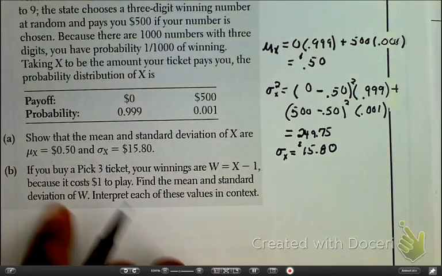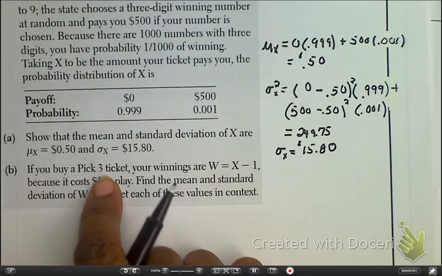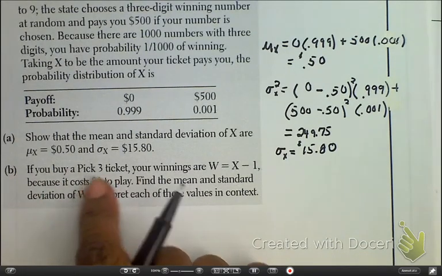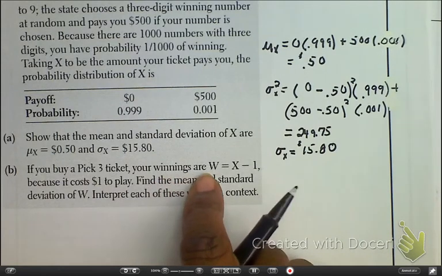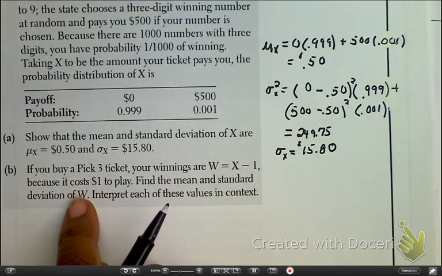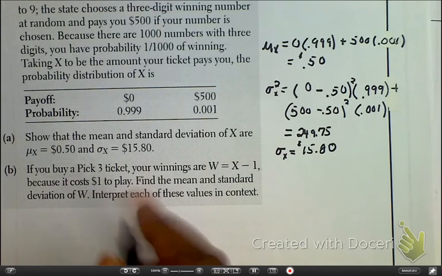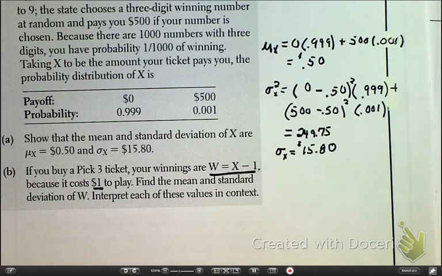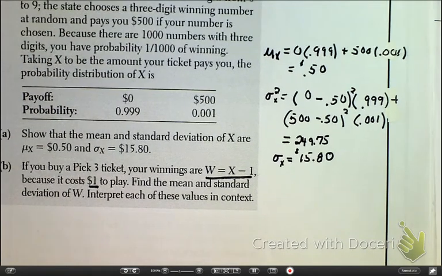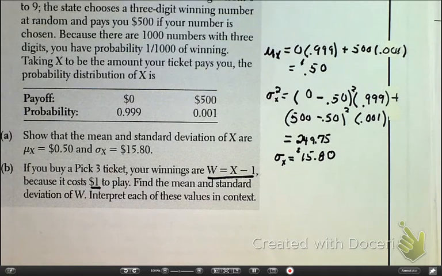Now the next question here, it says, okay, if we buy a pick 3 ticket, you're going to be winning, and here's the formula that explains it, because the cost is $1. One thing we've got to do is learn how to make these formulas when they are not given for us. So what does that mean? That means I'm going to do the following.